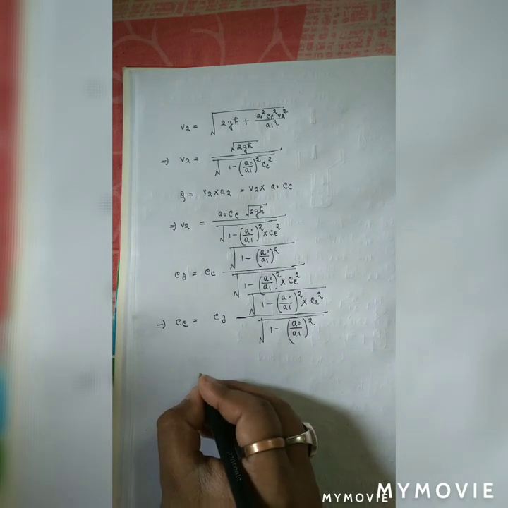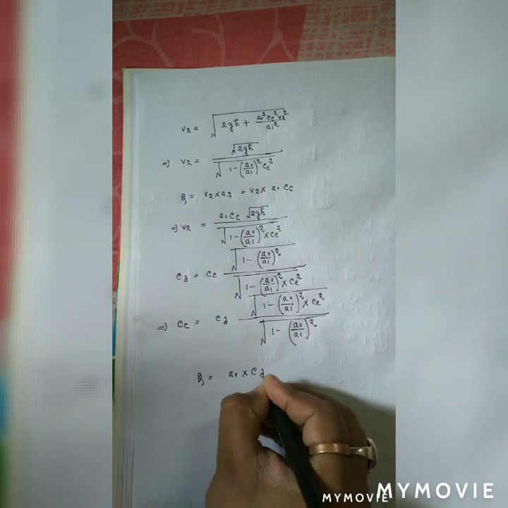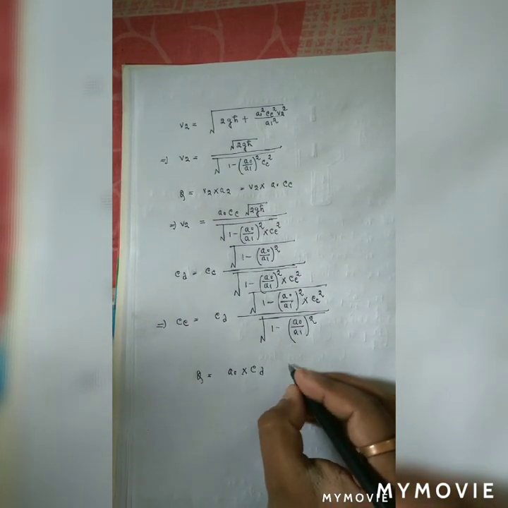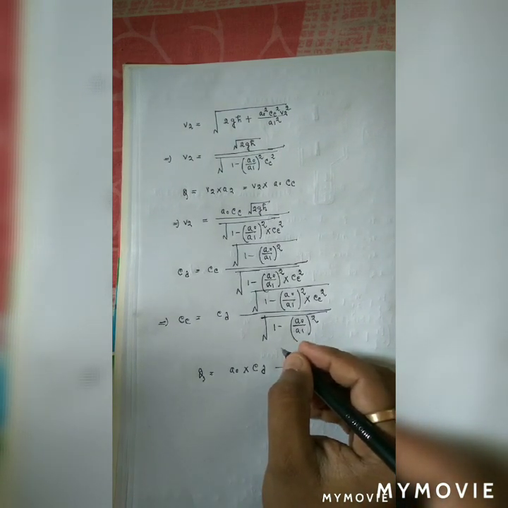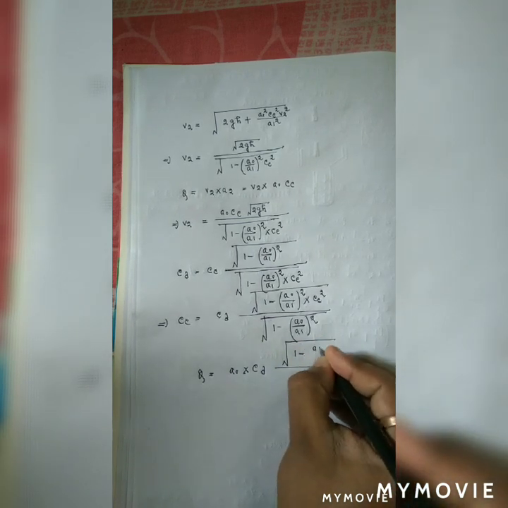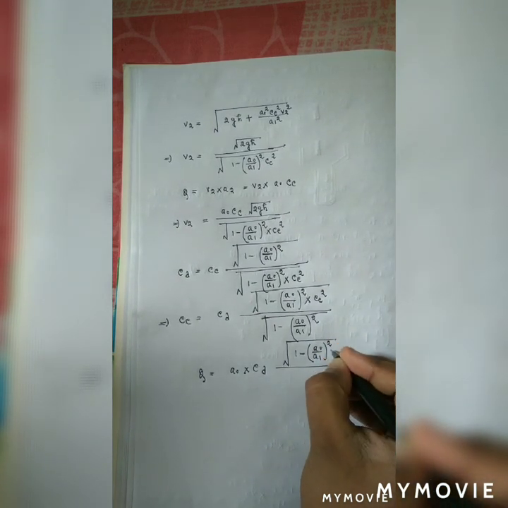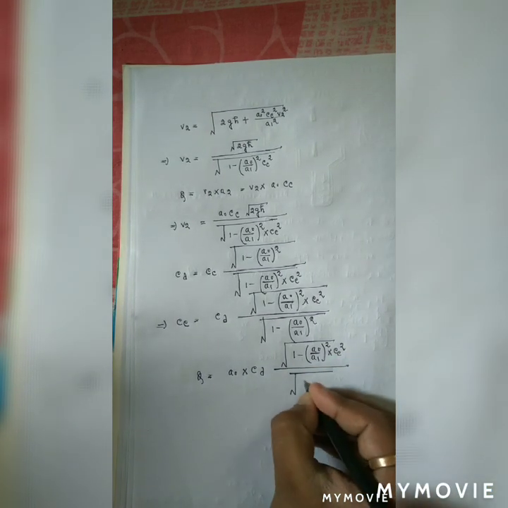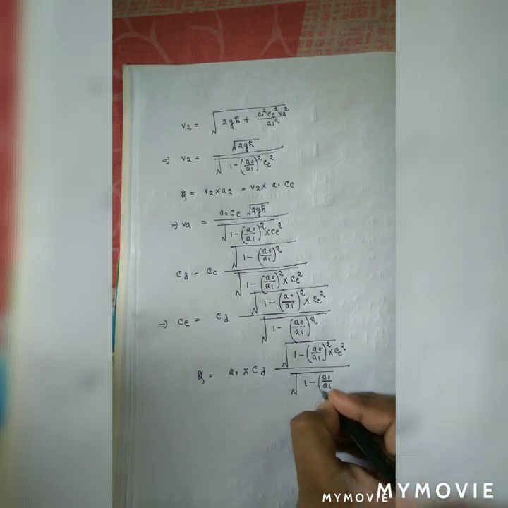So substituting this value of Cc in the previous equation, we get Q equal to A0 into Cd into root 2gh by root over 1 minus A0 by A1 whole square.